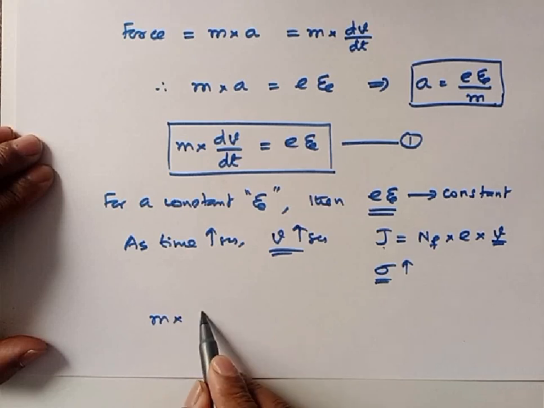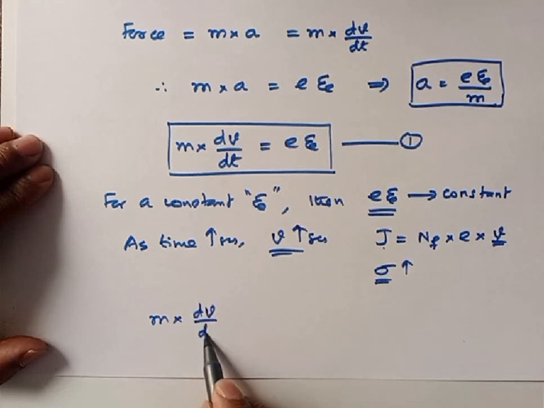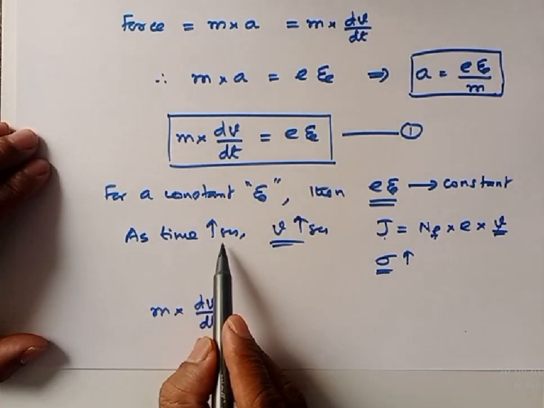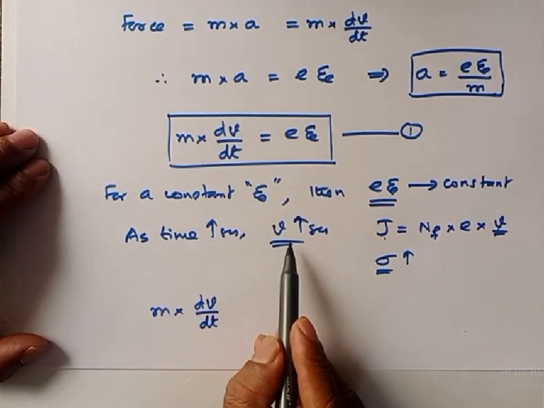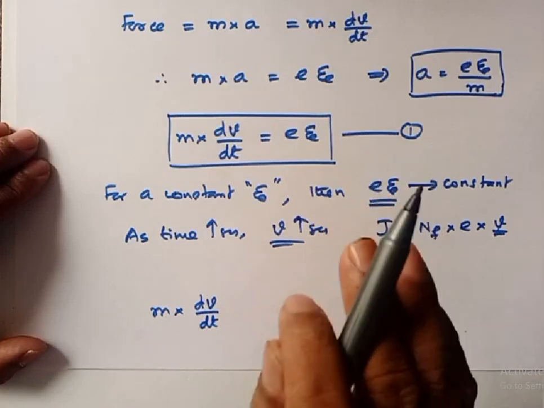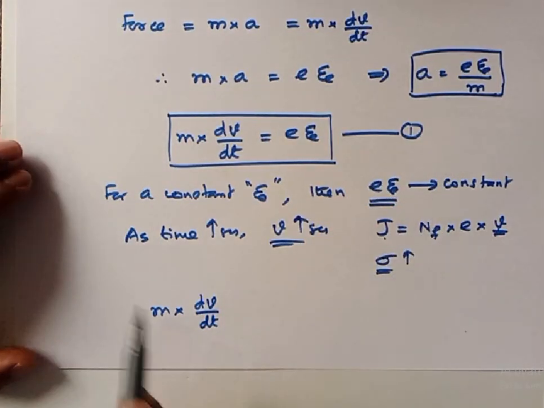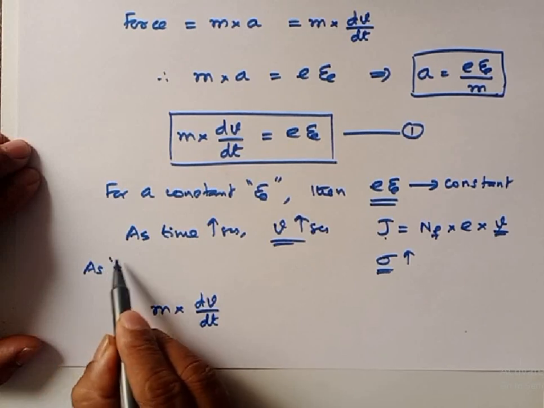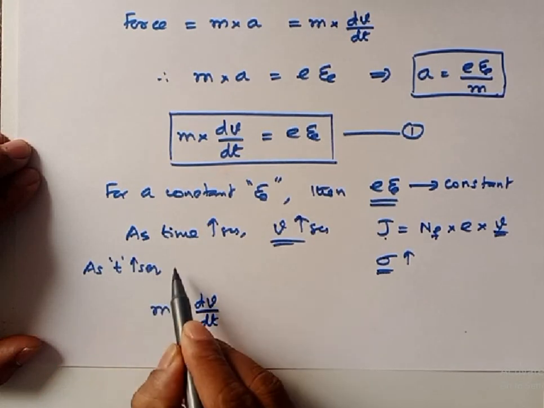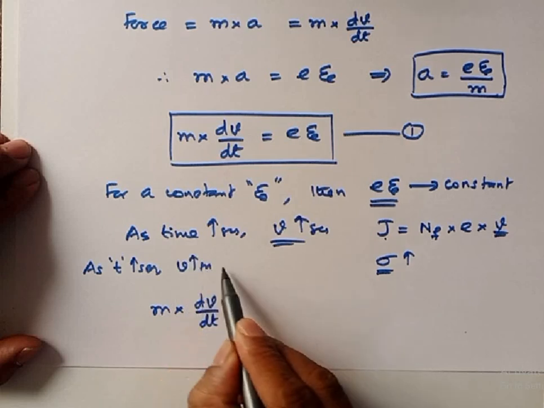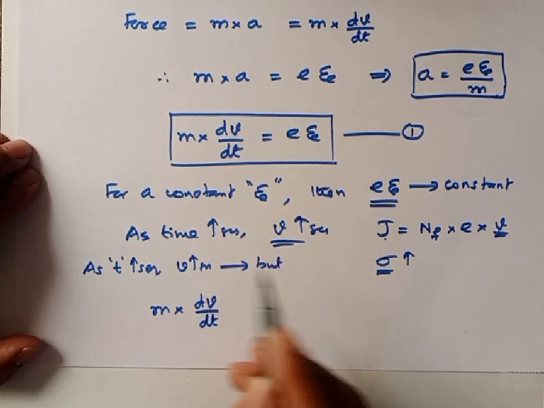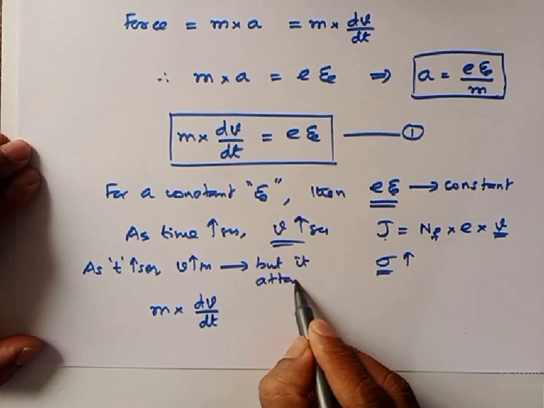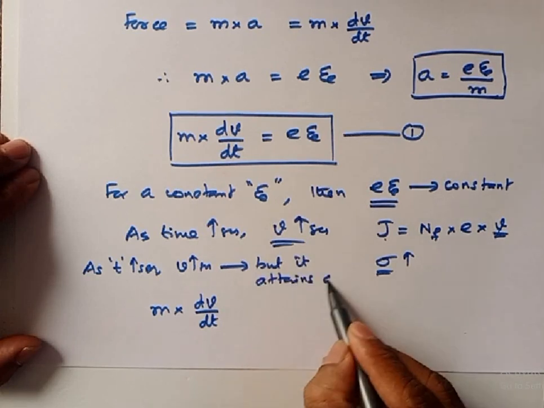So m into dv by dt. What Drude said is that, yes, as time progresses, velocity will increase and it reaches a saturation value. According to Drude, as time increases, V increases, no doubt, but it attains a constant value.